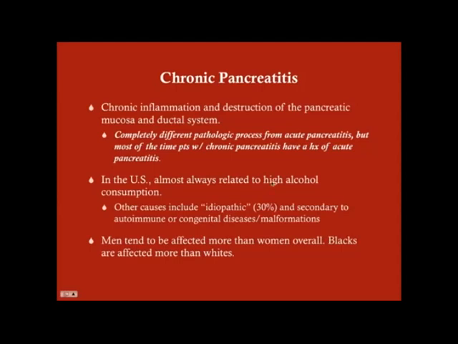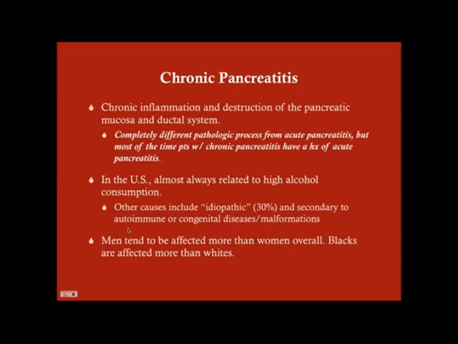So this isn't just your 1 week of binge drinking for Mardi Gras. This is a patient who has been an alcoholic for a long time. About 60%, and I would say that's a conservative estimate, of chronic pancreatitis can be directly related to the alcohol. About 30% are quote-unquote idiopathic, and about 10% are secondary to autoimmune or congenital diseases or malformations.